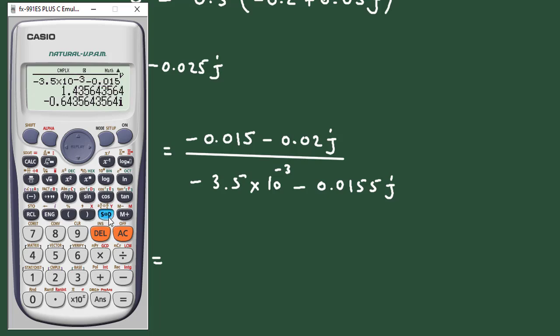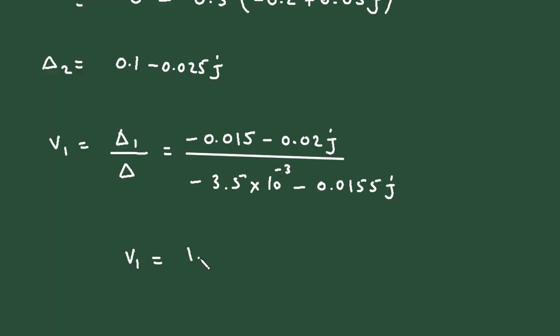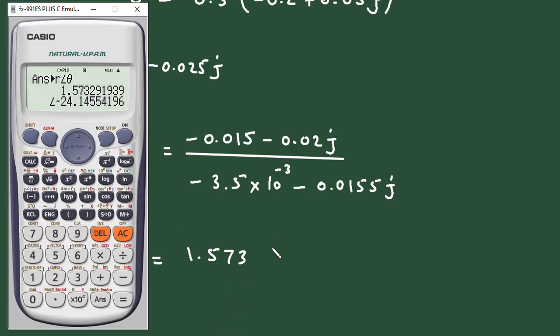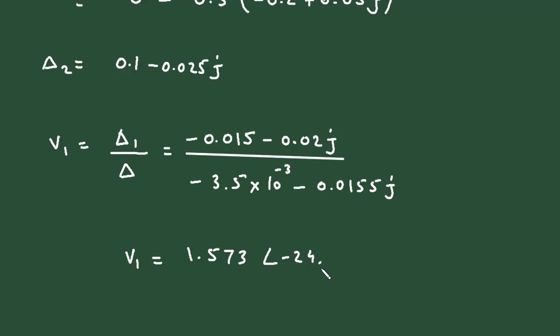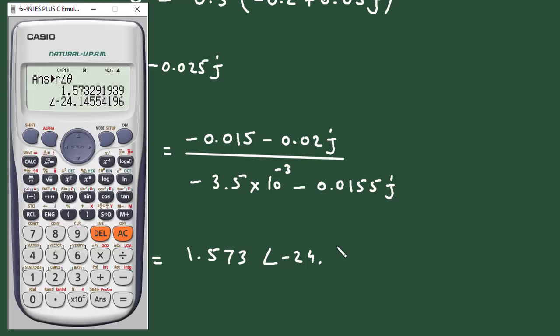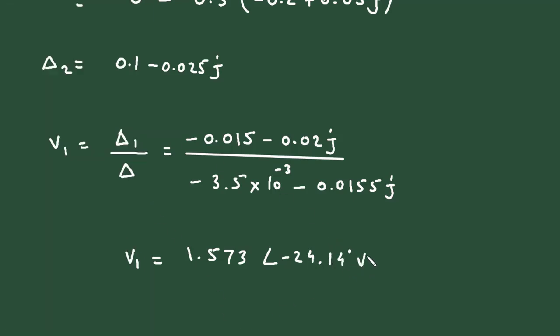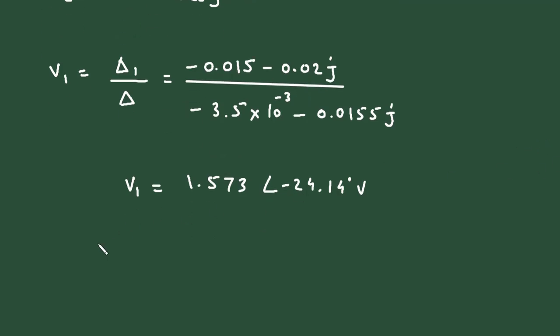So it is equal to this value. In polar form, shift 2, 3, it is 1.573 at an angle minus 24.14 degree volt.